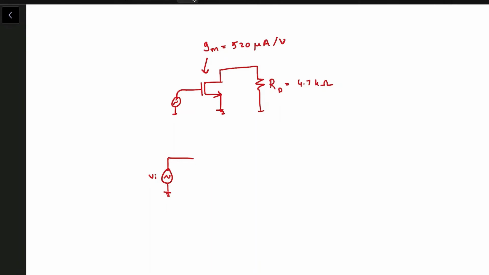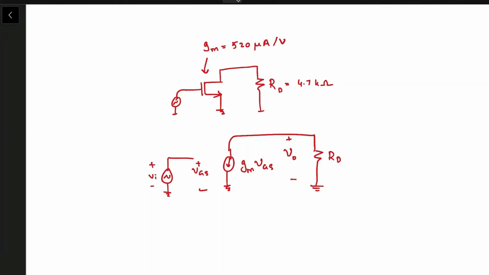So replacing the transistor by its small signal equivalent, we find that if this is VGS, this is GM VGS going through RD, and this is V out.